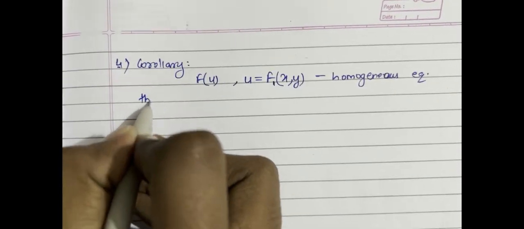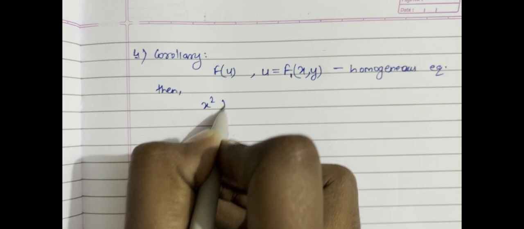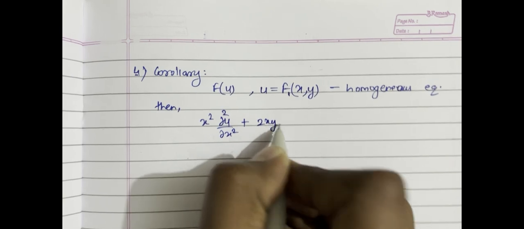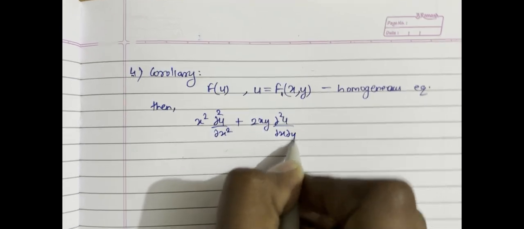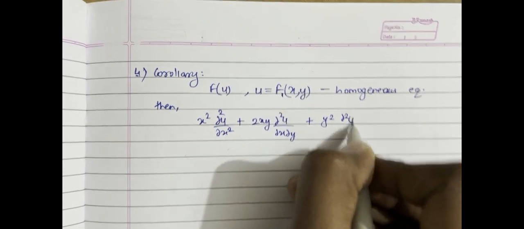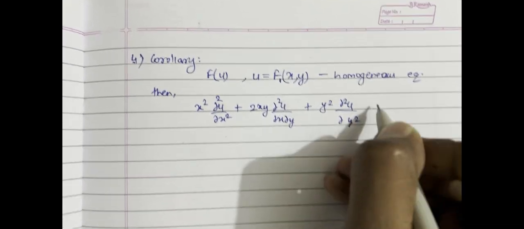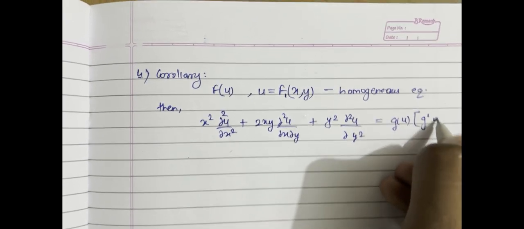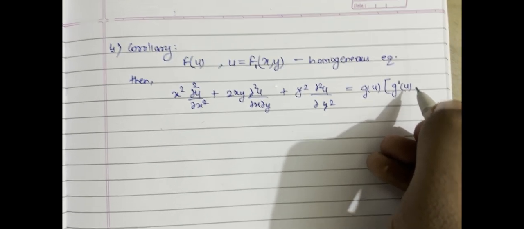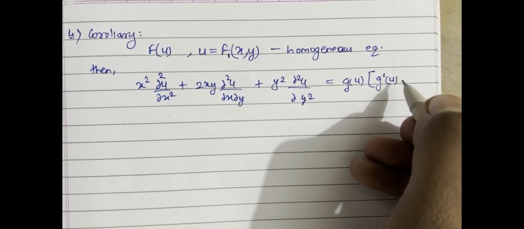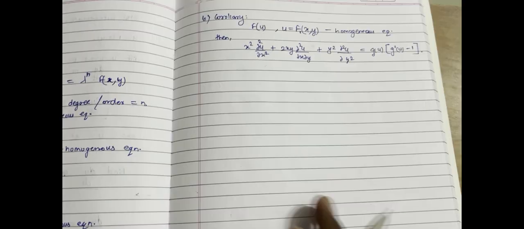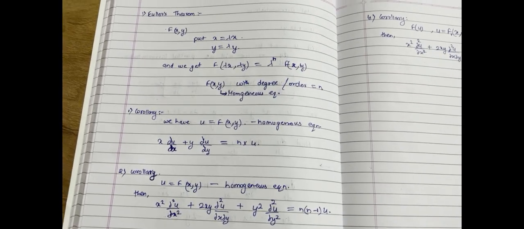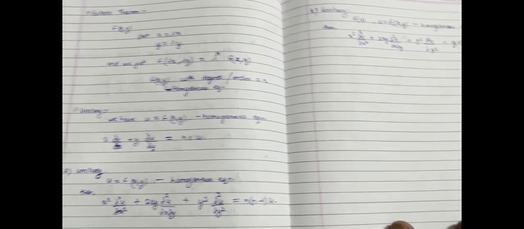Then x square ∂²u/∂x², plus 2xy ∂²u/∂x∂y, plus y square ∂²u/∂y² is equal to g of u into g dash of u minus 1. Here g of u is n times f of u by f dash of u. Using all these corollaries, we can solve many questions based on homogeneous equations and finding their partial differentiation.